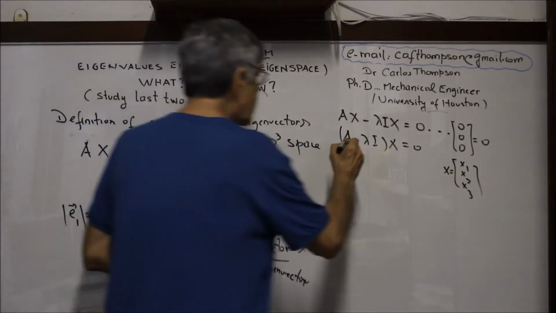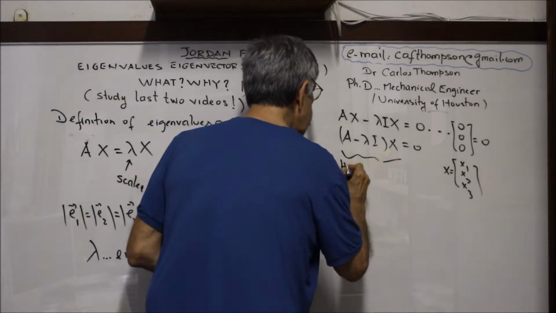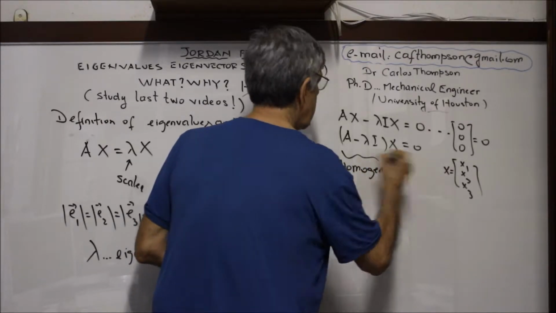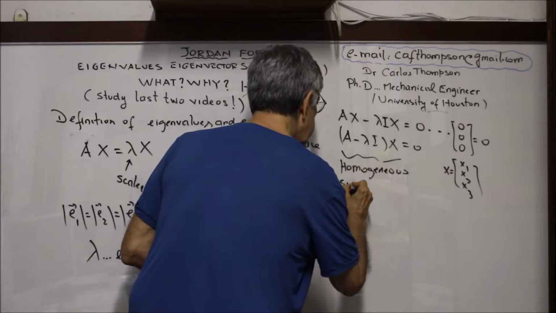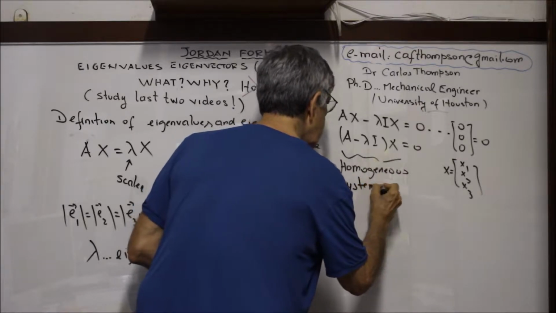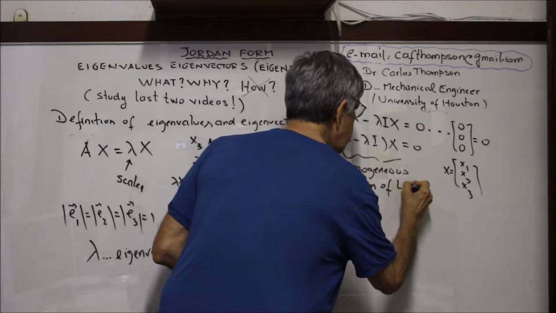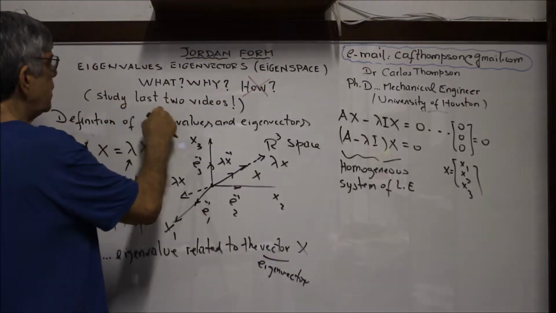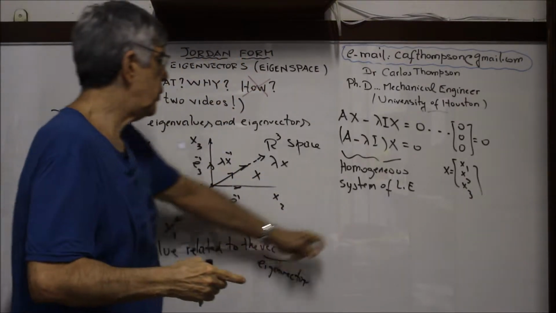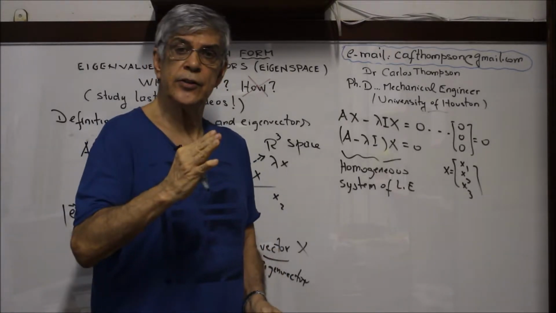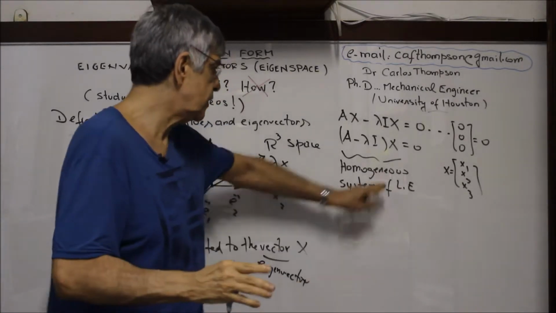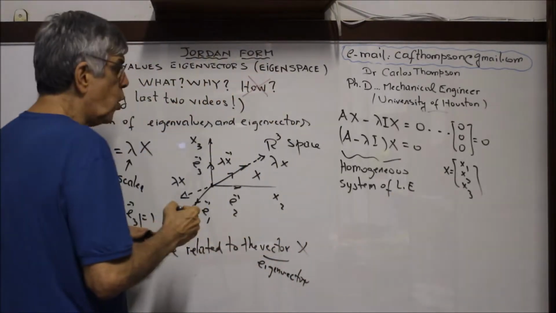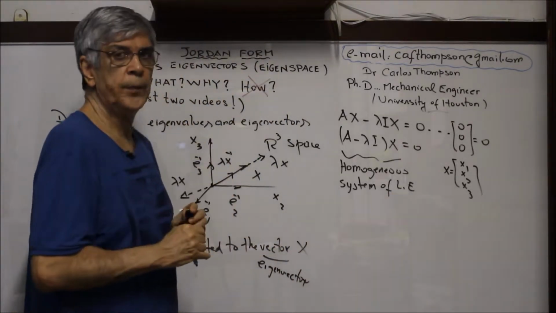Okay, now which kind of equation is this one? This here is a homogeneous system of linear equations. Why is it homogeneous? In the last video we discussed homogeneous systems of linear equations.